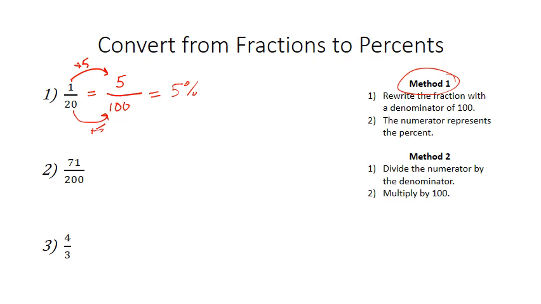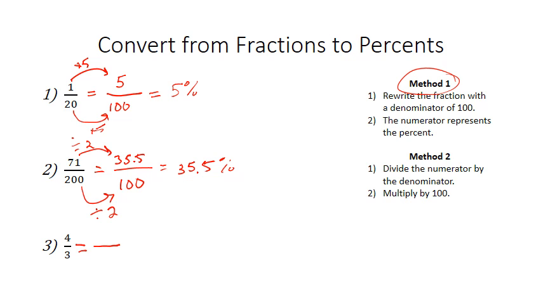This next one, in order to get to a denominator of 100 from 200, I have to divide by 2. Well, I'm going to take 71 and divide it by 2, and that's going to give me a decimal, which is just fine. It'll be 35.5, which means that this is 35.5%. Next one, 4/3. This is a little bit harder to do this way.